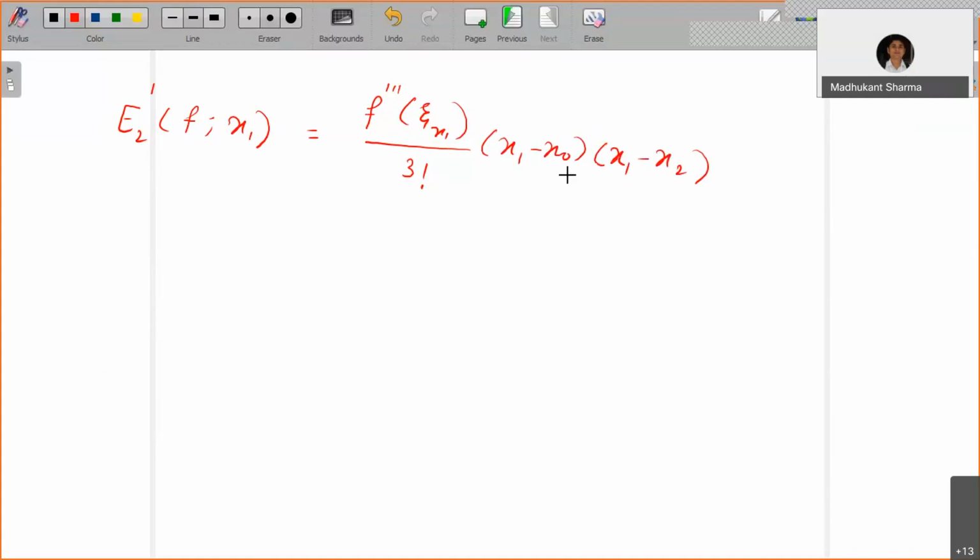Now see, this is h and this is minus h, so this is going to be minus h square times the third derivative at ξ(x1) divided by 3 factorial. Okay, right. So this tells you that this is a good approximation of order h square, and it approximates up to second degree polynomial exactly.